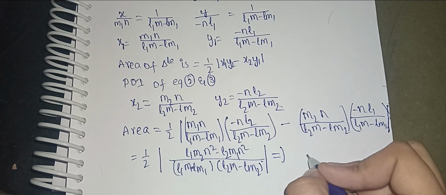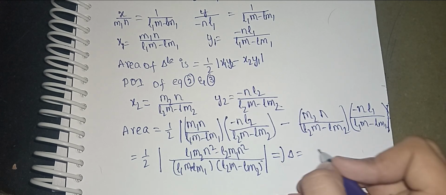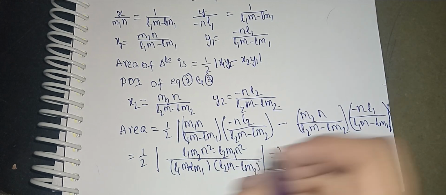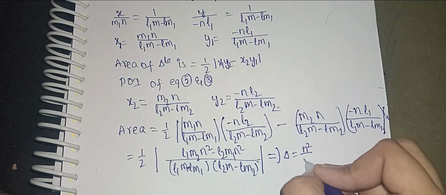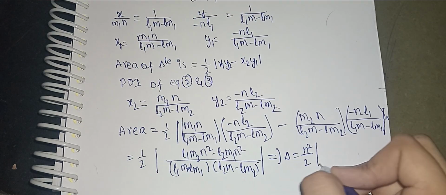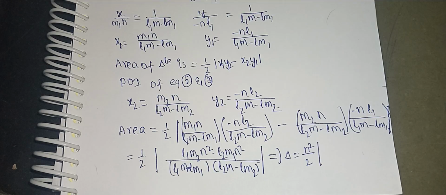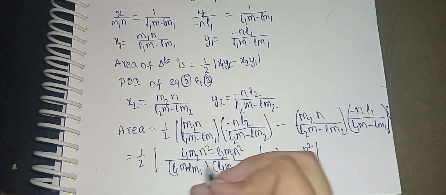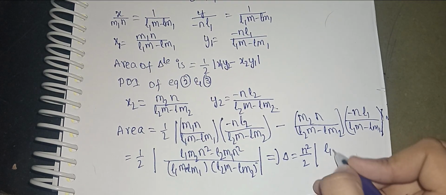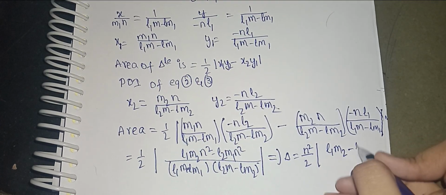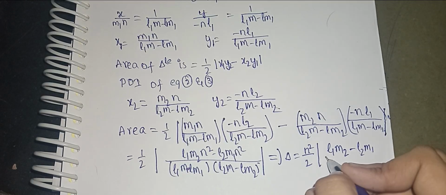Then what you have to do is, area equal to, here n square is common. Put n square out of the mod. n square by 2 into, you have to multiply them. Here minus is there, don't get confused. L1 M2 minus L2 M1.